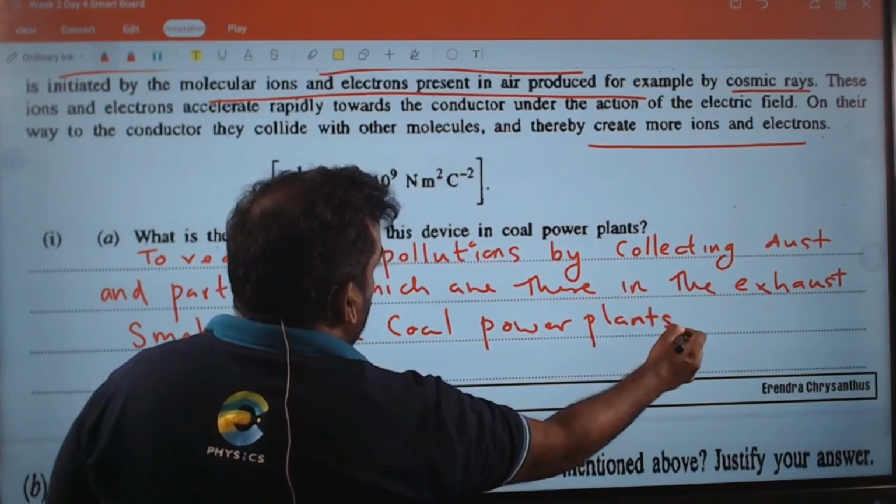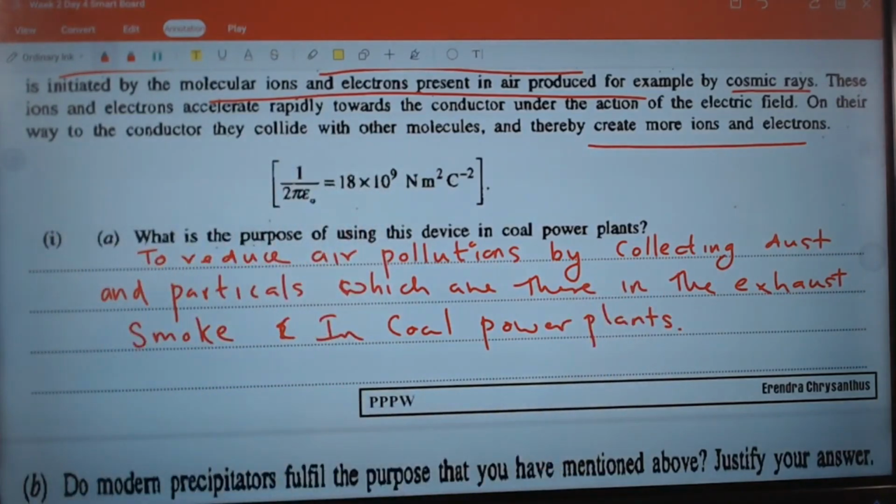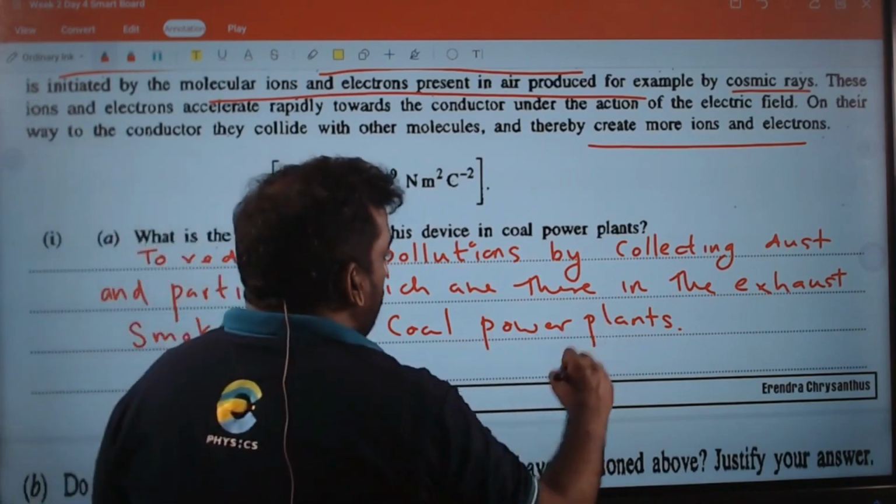Right. So the purpose of using this device is to reduce air pollution, removing dust and particles which are there in the exhaust gases in coal power plants.